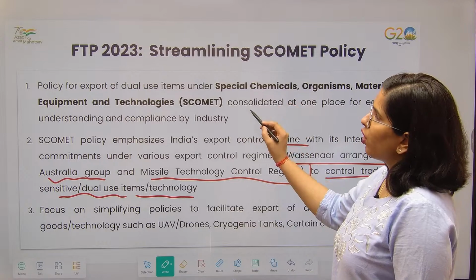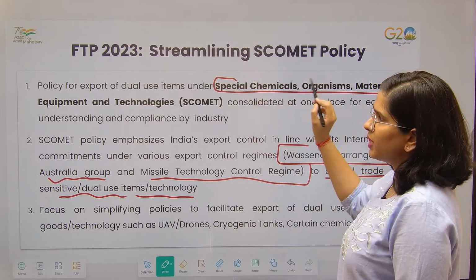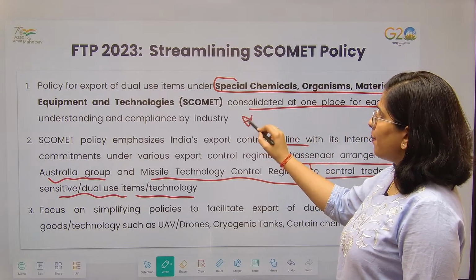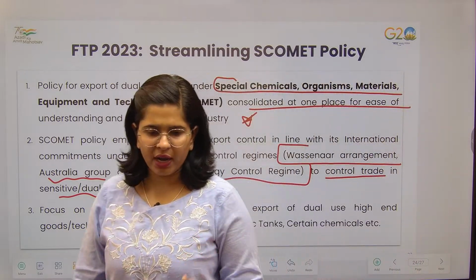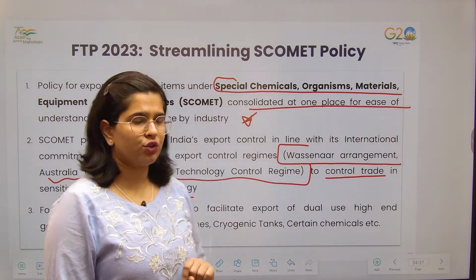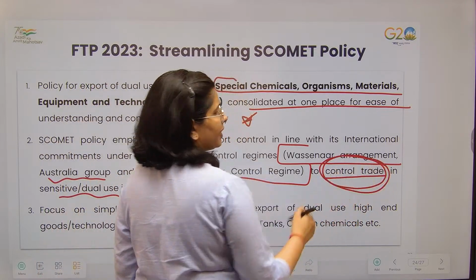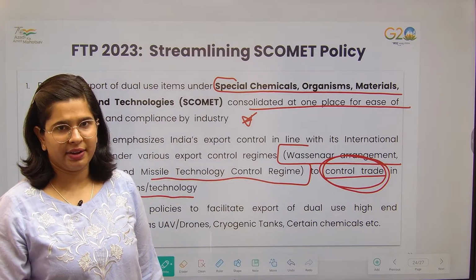Policy for export of dual use items under special chemicals, organisms, material, equipment, technology consolidated at one place. Why has this policy been made? One more thing you should focus on: they say you have to control the trade. They never say that you have to completely abolish such trade, right?